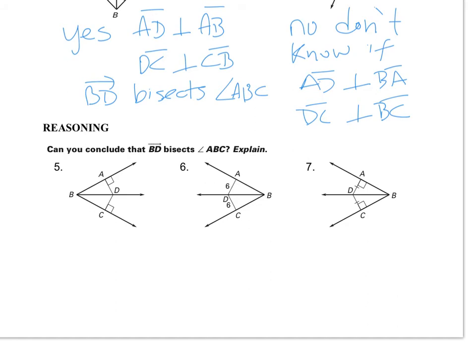Can you conclude that BD bisects ABC? So in the first one, no, we don't know if AD equals DC.